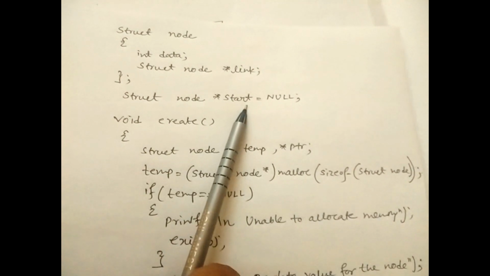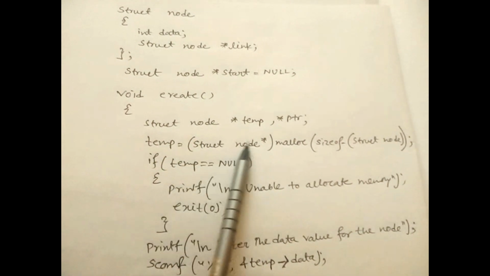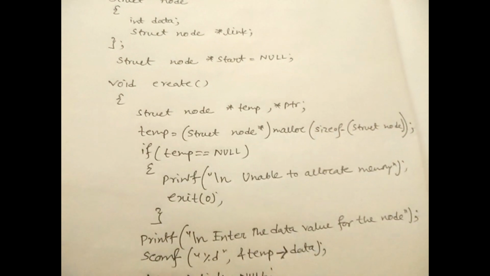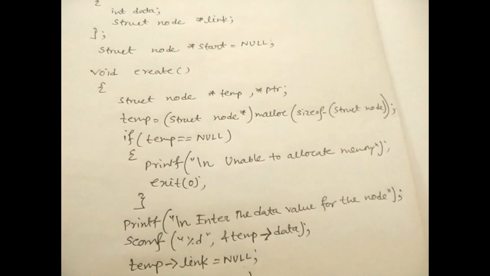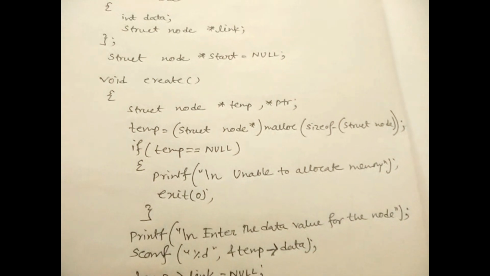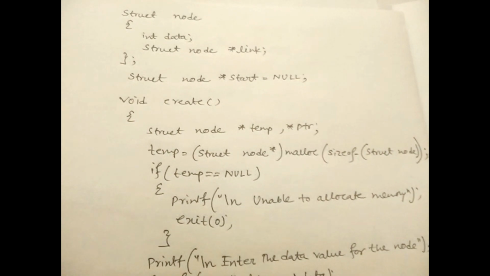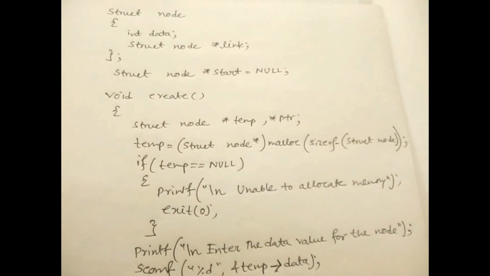Initially start will be null, and this is the most important line: temp equal to (struct node *) malloc(sizeof(struct node)). Clear? So here memory is allocated for temp by using the malloc function.